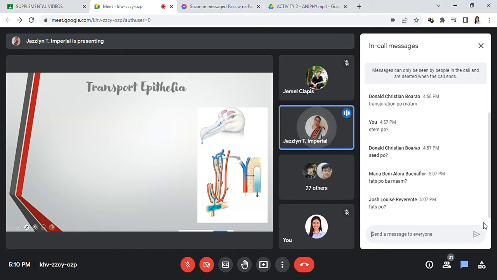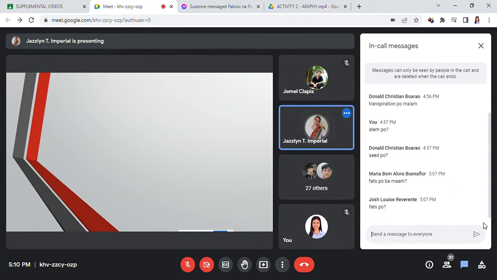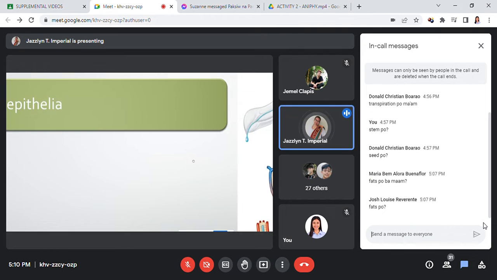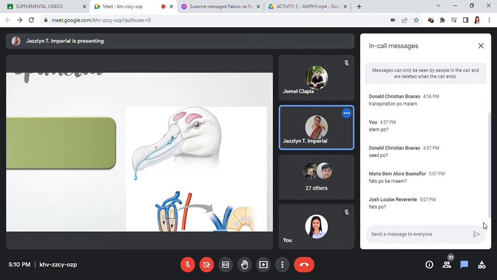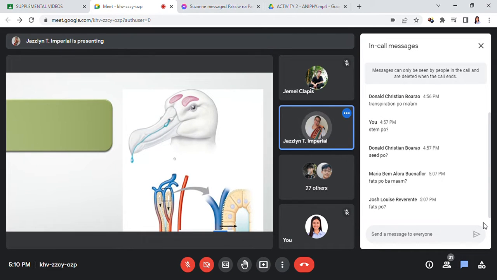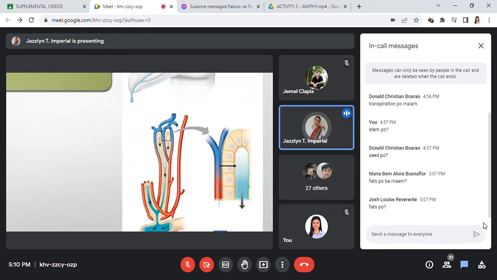Now, for marine animals like this albatross, class, what they have here, in their nasal cavity, is a salt gland. The salt gland is at the back.